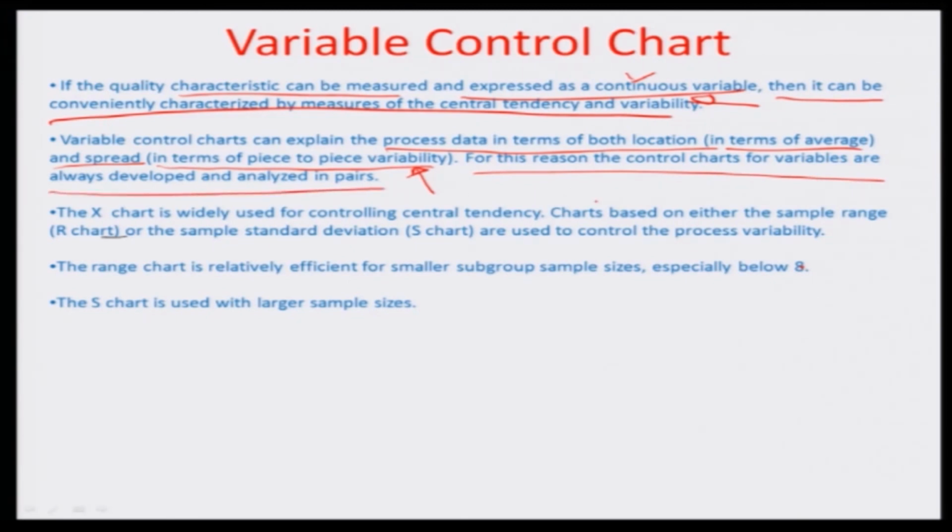The first important variable control chart is the X chart, which is widely used for controlling the central tendency of a process. These charts are based on either the sample range, which is the R chart, or the sample standard deviation, which is the S chart. The R chart is range based, the range of deviation from the mean.